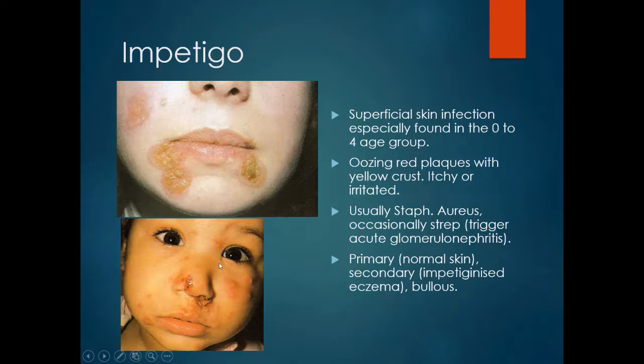And it can occur on normal skin, or if there is an underlying skin condition such as eczema, then the infection may occur in that area where the skin barrier is broken down by the eczema, allowing the infection to develop and spread. And you can sometimes get large bullae or blisters full of pus, and this is called bullous impetigo. And it is contagious.